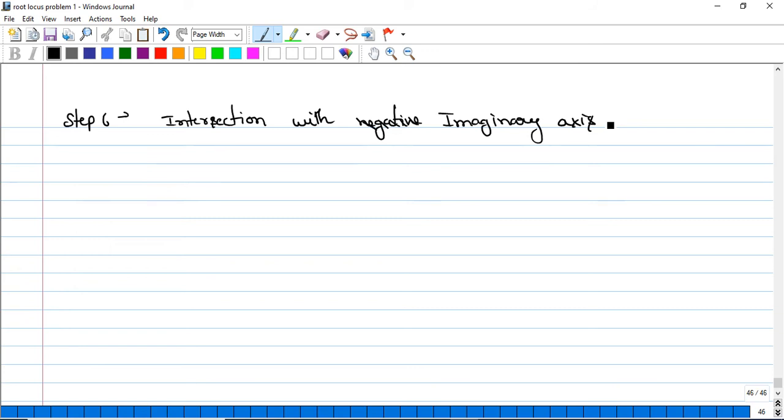Okay, so again we need to consider the characteristic equation. In the previous step itself we have identified that. Let me consider s cube plus 2s square plus (k plus 2) multiplied by s plus 2k, that is equal to 0. See, with this data we need to form a Routh array, and we need to identify whether there is any intersection or not.